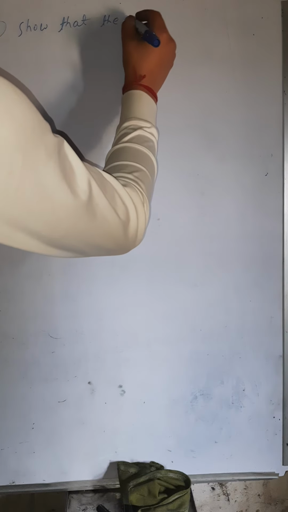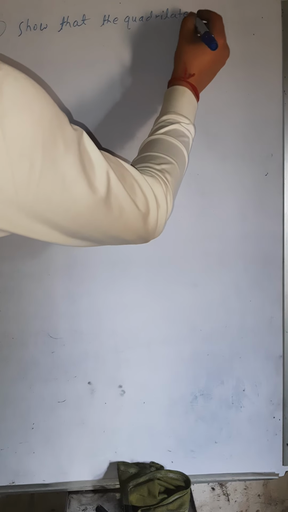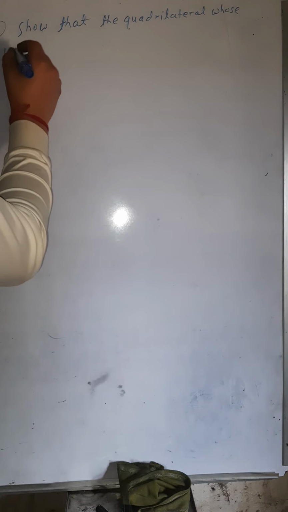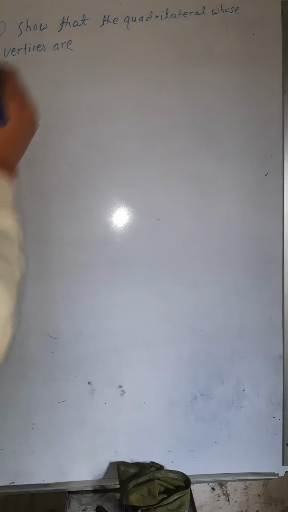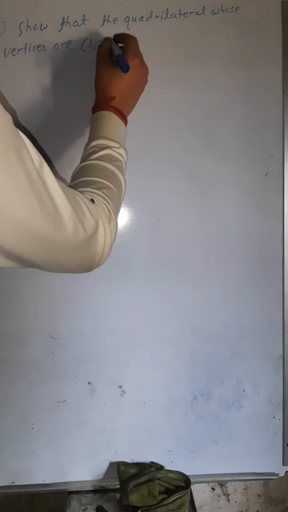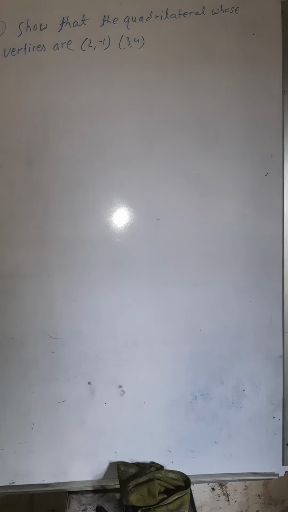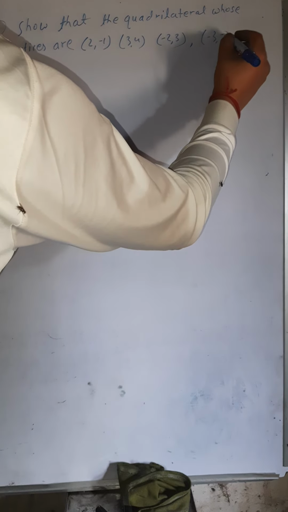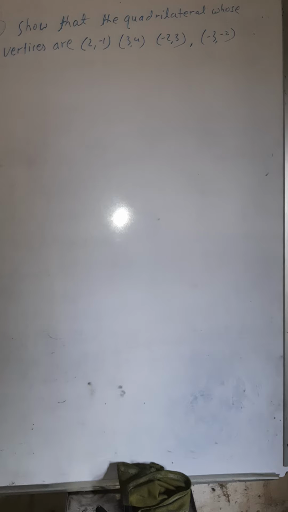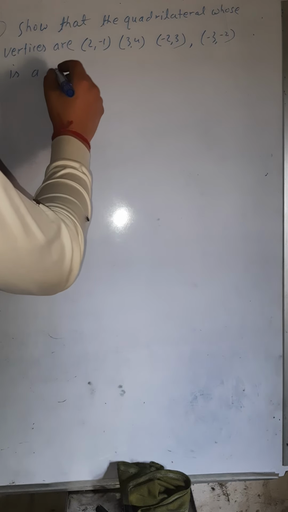Today's second question: prove that the quadrilateral whose vertices are (2, minus 1), (3, 4), (minus 2, 3) and (minus 3, 2) is a rhombus.